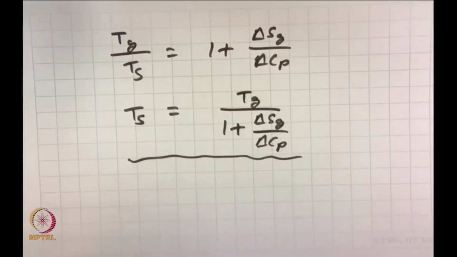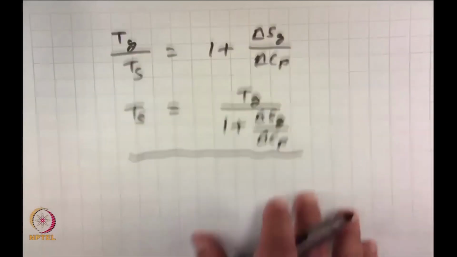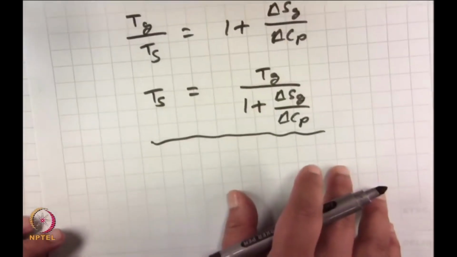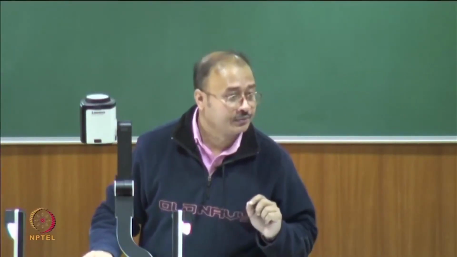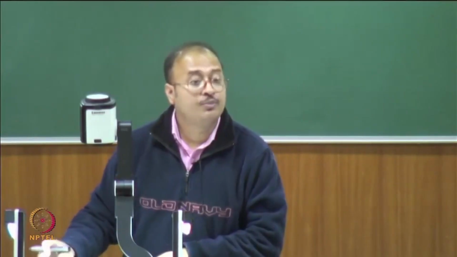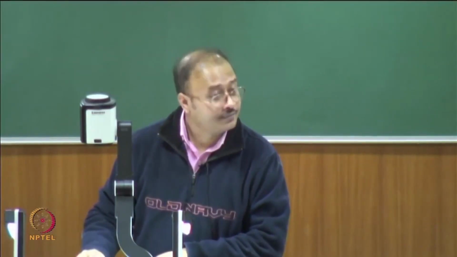But that is not the end of it, we can simplify it further. How can we simplify it further? The way we can simplify it is, remember, what is delta S g? Delta S g means the change in entropy at the transition point T g, is not it? Now, at the transition point T g, what is delta g? 0.